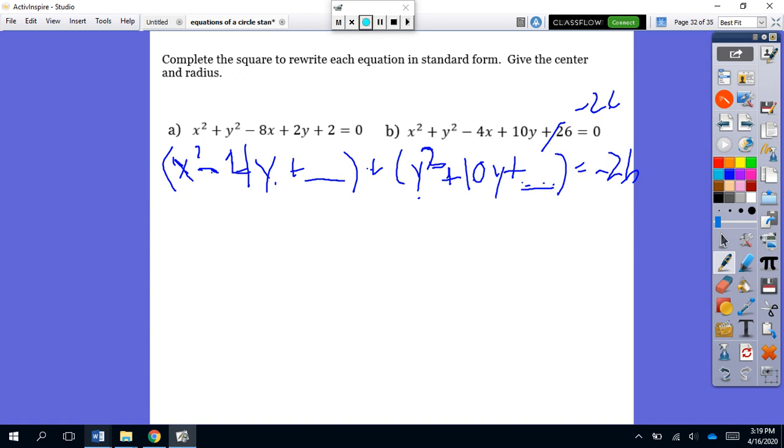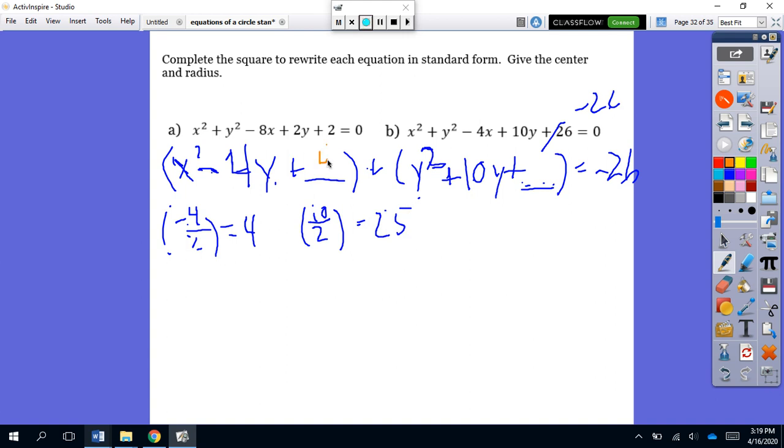Okay, so half of negative 4 is negative 2, and square that and you get 4. And half of 10 is 5. 5 squared is 25. So I add those inside and on the right hand side.